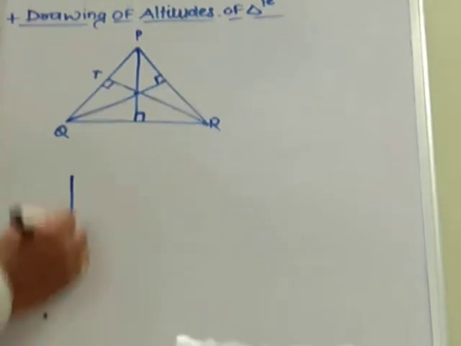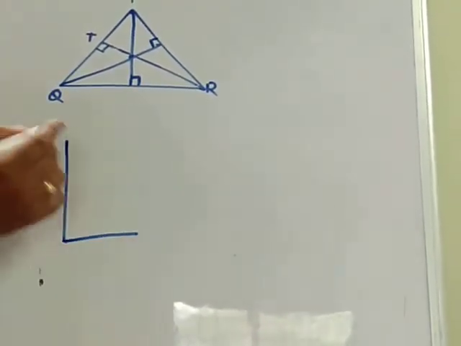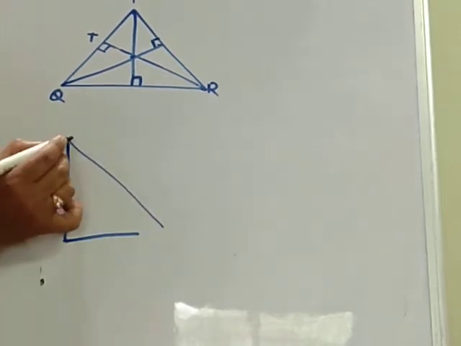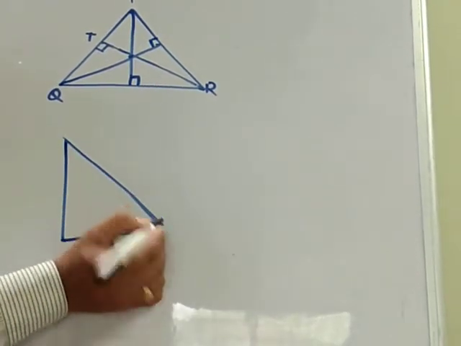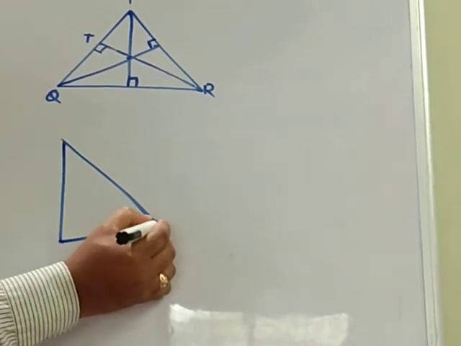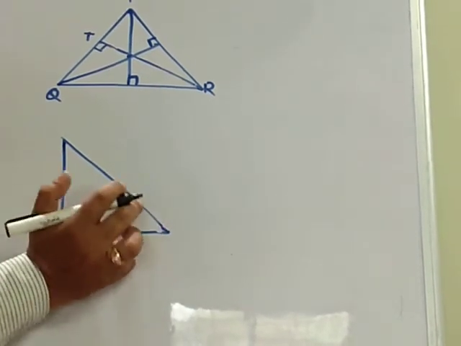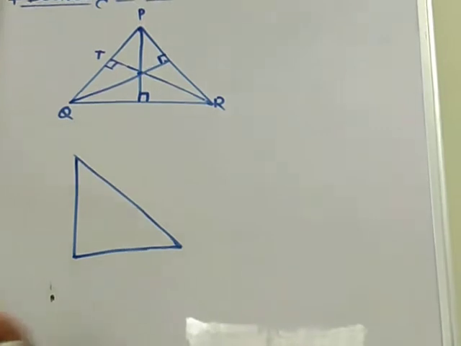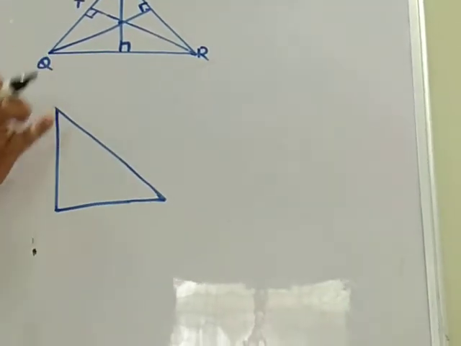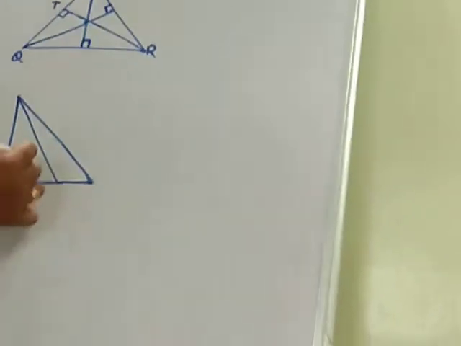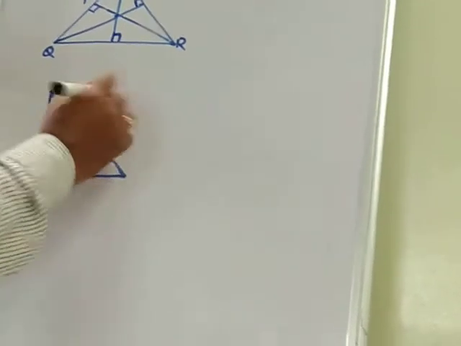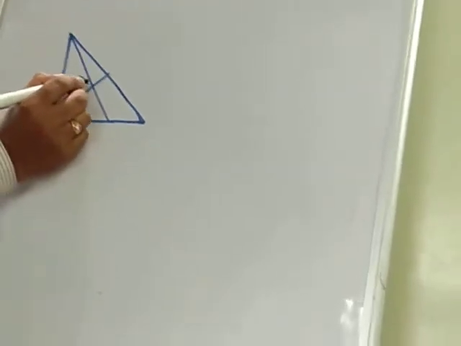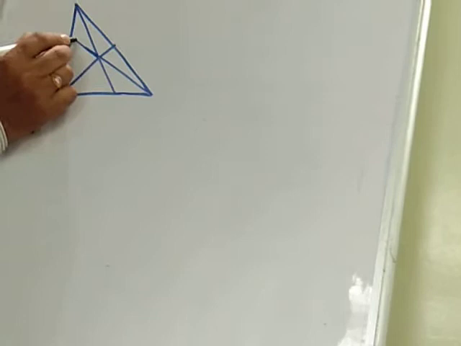For a right angle triangle, perpendiculars from the vertices come to this side, this side, and this side.